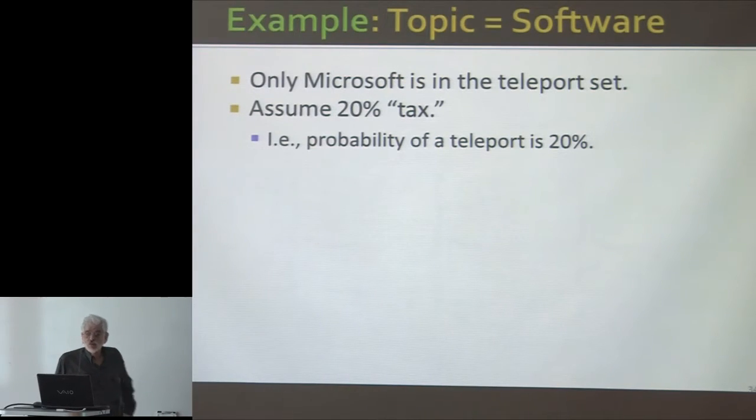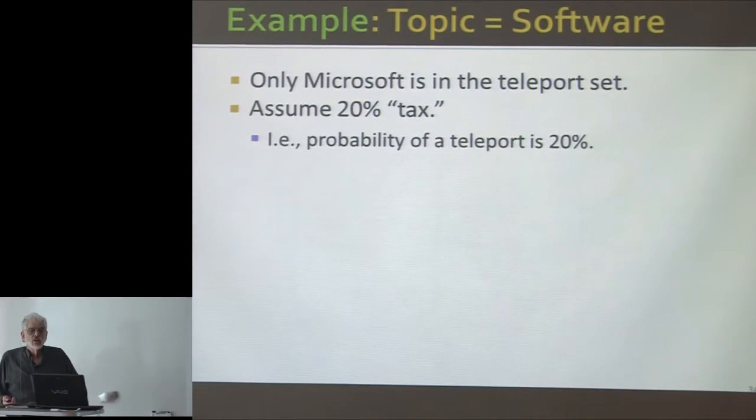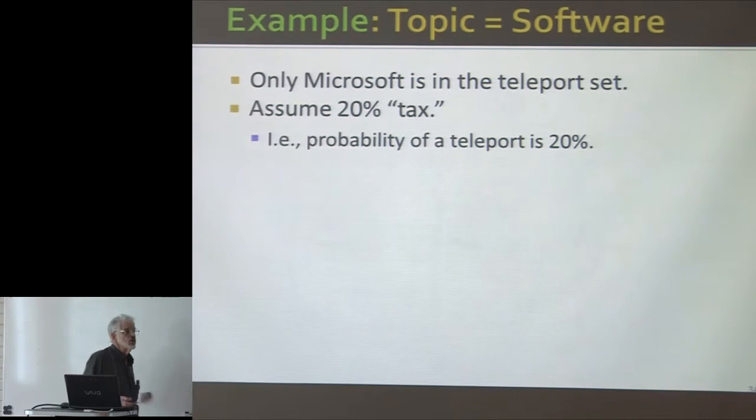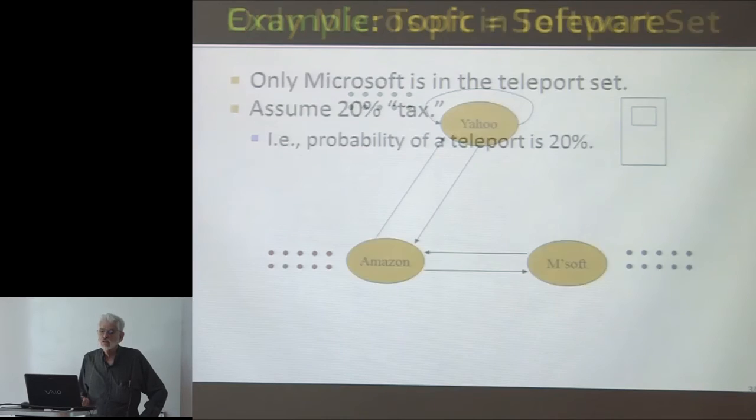So let's see how this works. Now I'm going to go back to the original web where Microsoft points to Amazon, not to itself. I'll assume there's a 20% tax, and the topic is software, so only Microsoft is in the teleport set.